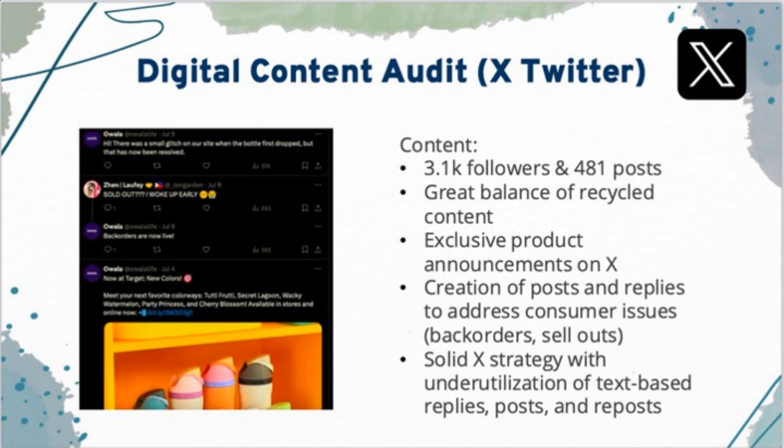The important insight is not simply that Owala uses X. This platform appears to serve a somewhat different role in this brand's communication ecosystem. However, as you can see, the last point is there's still underutilization of text-based replies, posts, and reposts. So there are some limitations as well.